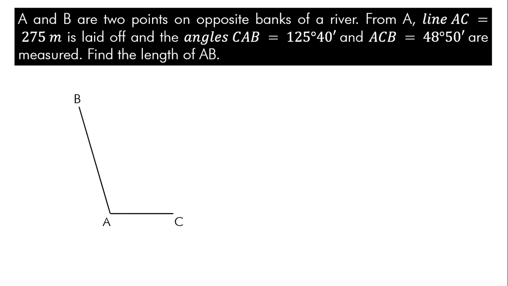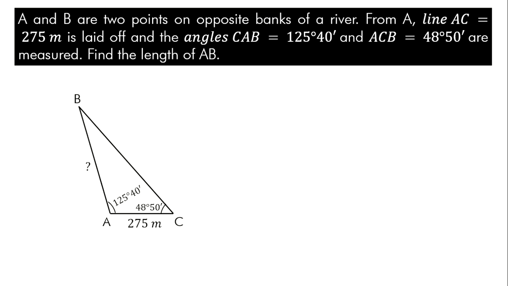Given that angle CAB is 125 degrees 40 minutes, that is angle A, and angle ACB, or angle C, is 48 degrees 50 minutes, we need to identify the length or the distance of A to B.